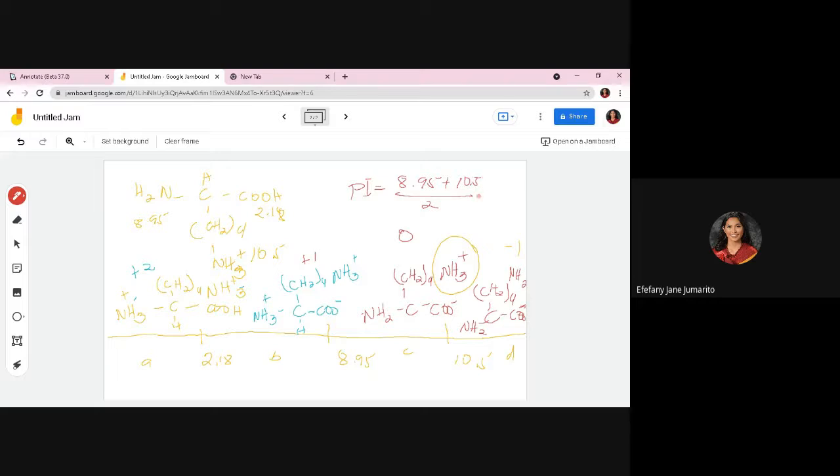Okay, so the PI is 8.95 plus 10.5, divided by 2. 9.7. 9.73, okay, round up. All right, so this is your PI.